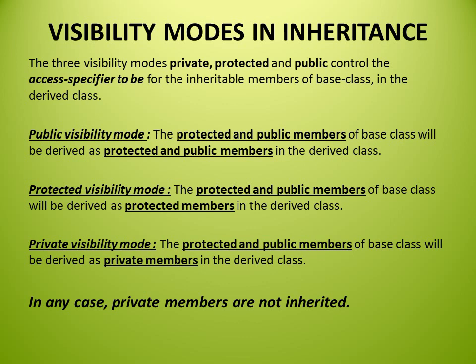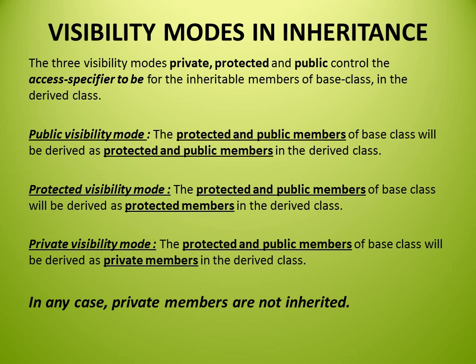So now we will see how it goes. When you inherit a class in public visibility mode, the protected and the public members of the base class will be derived as protected and public members in the derived class respectively.